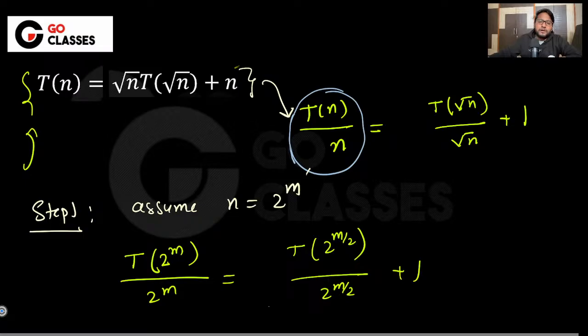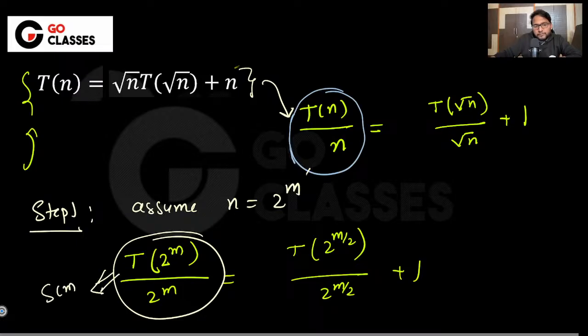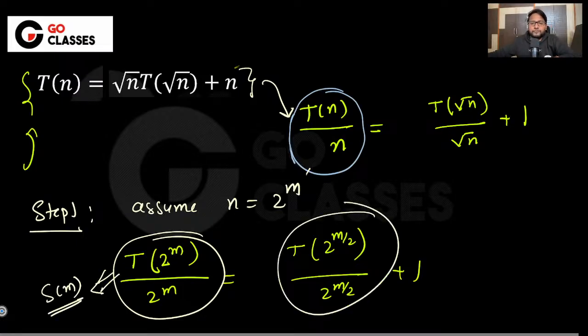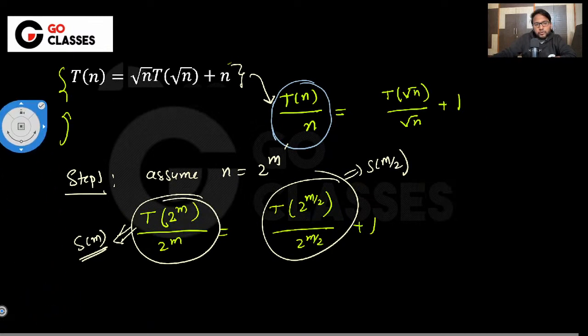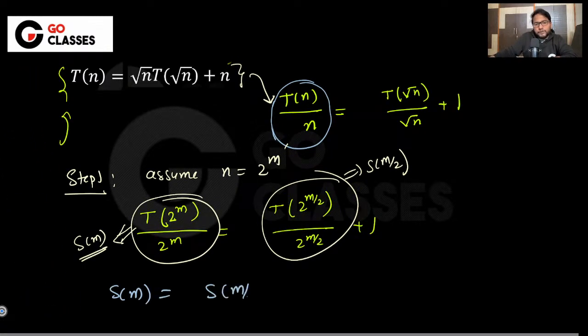Now, if this is s of m or g of m or whatever, if this is s of m, then what is this? S of m by 2, right? So basically, finally you can say that this is going to be s of m equal to s of m by 2 plus 1. And this is just like a binary search, right?